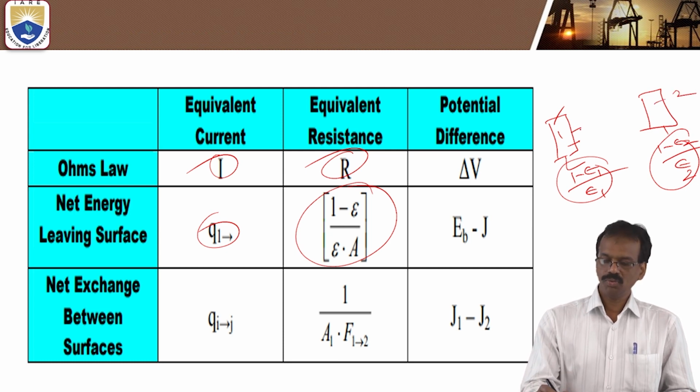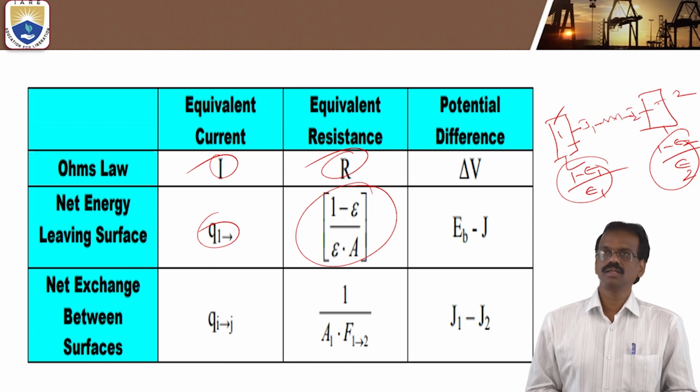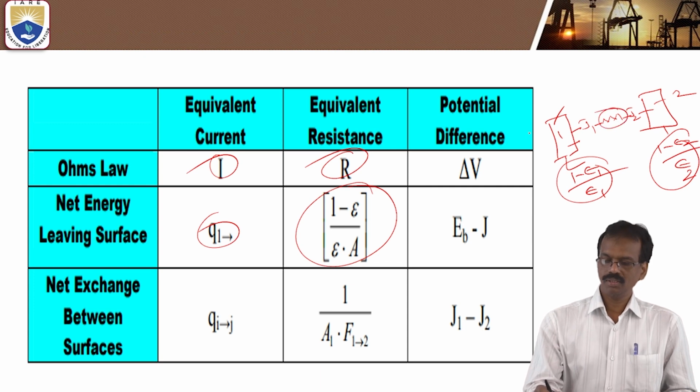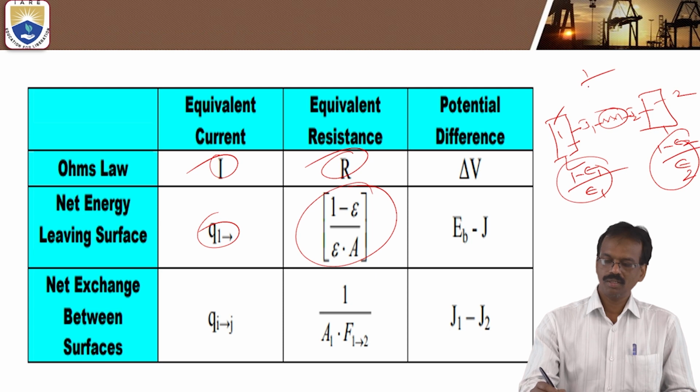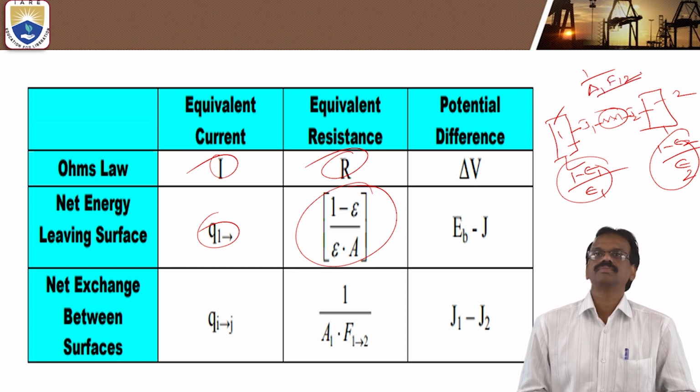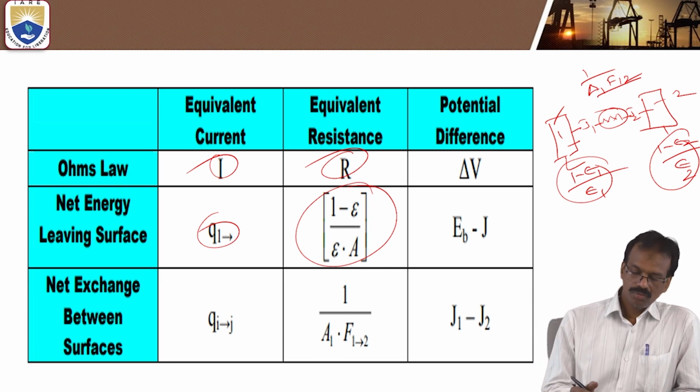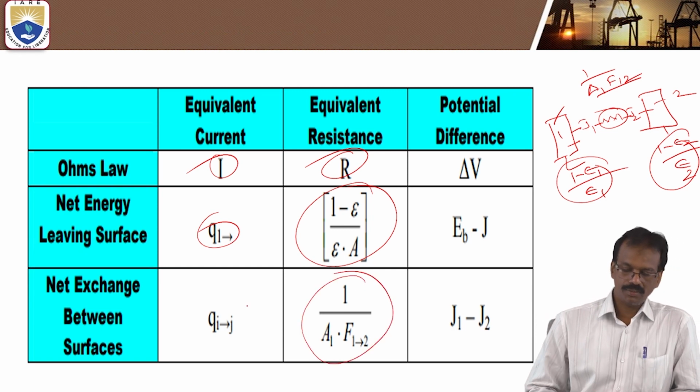One more thing we will see, between J1 and J2, is called the space resistance, 1 by A1 F12, where F12 is the view factor.